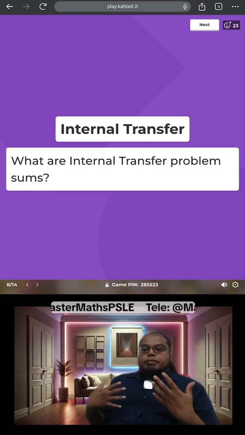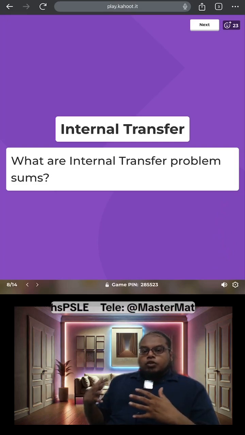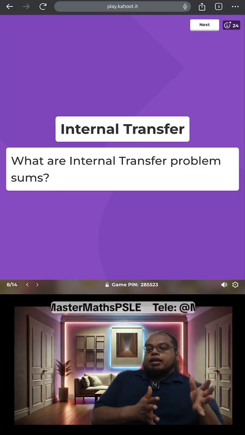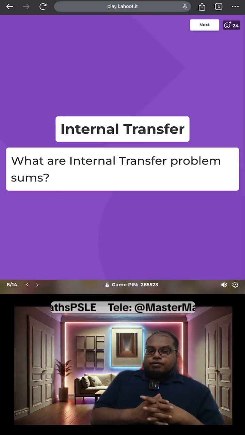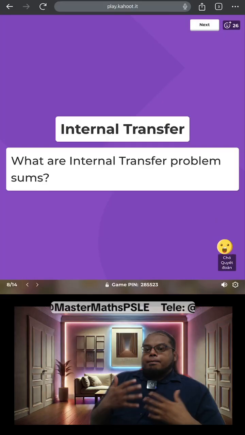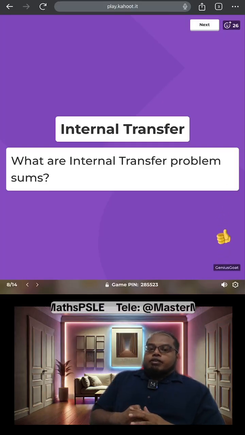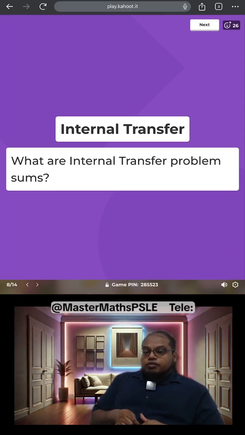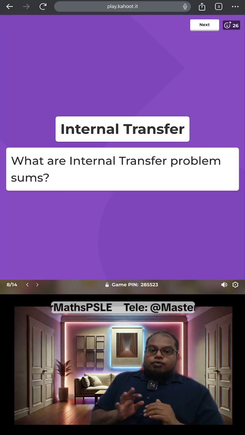So what does it mean by total unchanged? That means the total at the start is the same as the total at the end. If there is some total given lah. If not, there are also internal transfer questions that do not involve a total.